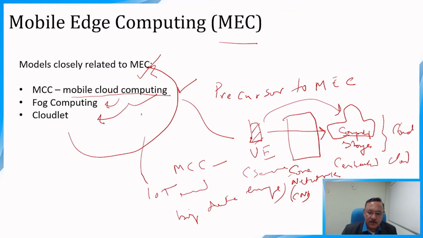Therefore, to get the cloudlet benefits of proximity of computing and storage, you have to switch between the mobile network and the Wi-Fi network.